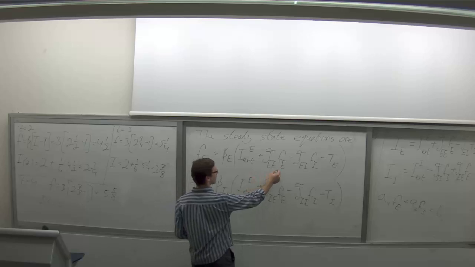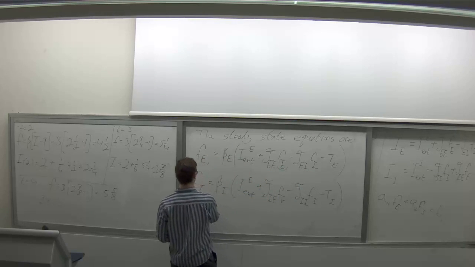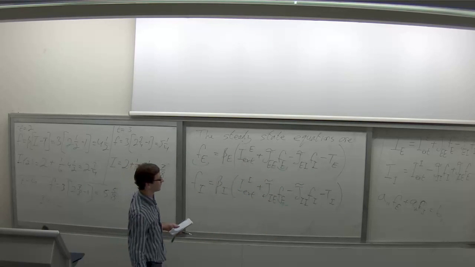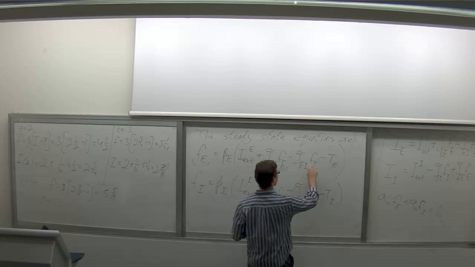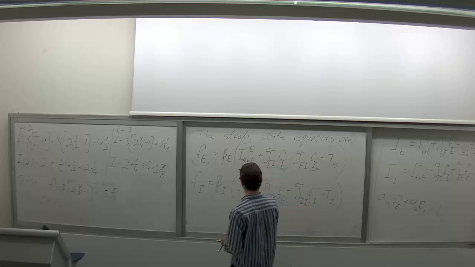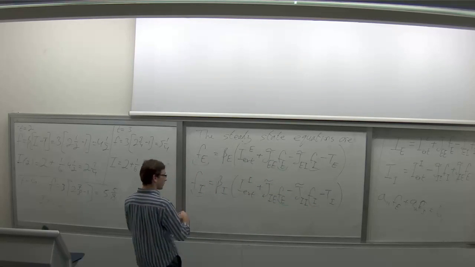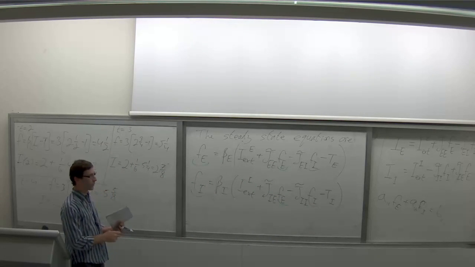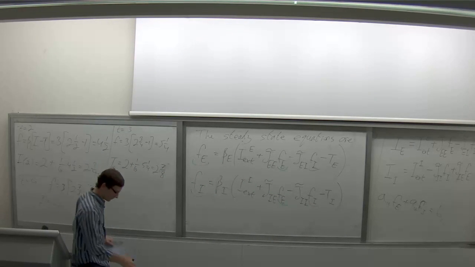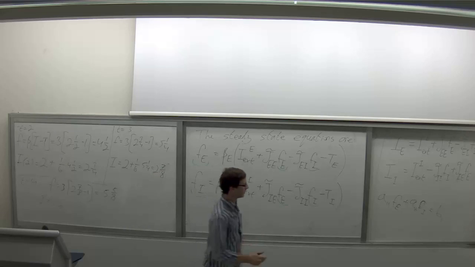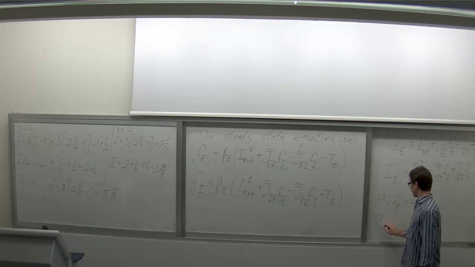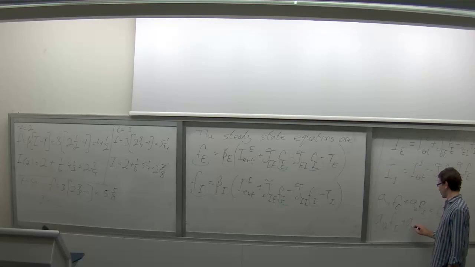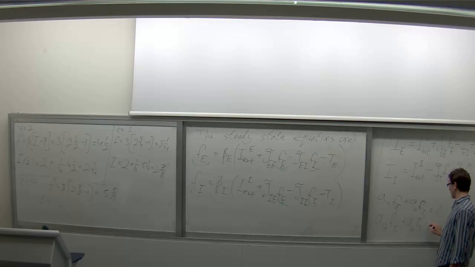This is one variable, Fe, and Fi is the second variable. So now I'll show you how it looks after you give it a matrix form. A21 Fe plus A22 Fi equals B2.